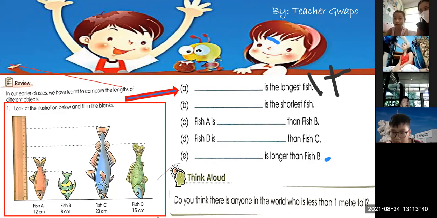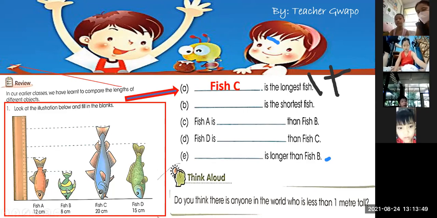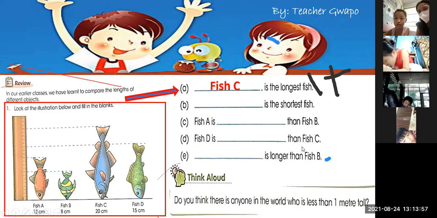Okay, the answer here is fish C, right? As you can see, fish C is 20 cm. So fish C is the longest. How about letter B? Thank you, Yipon.